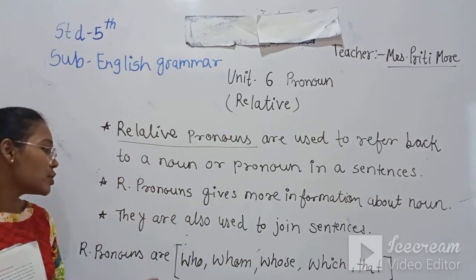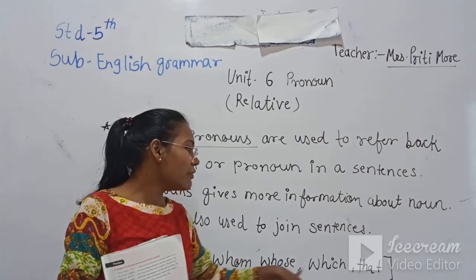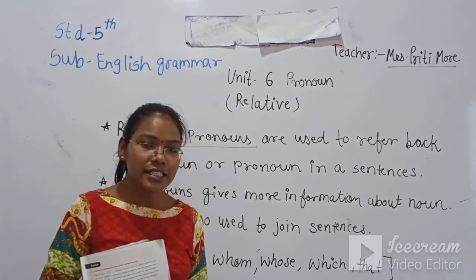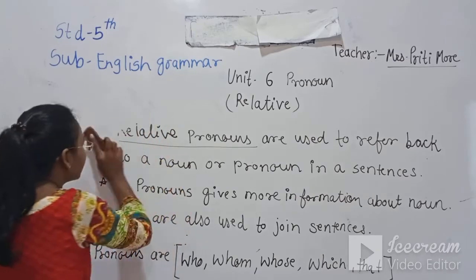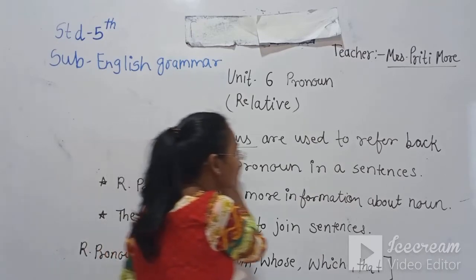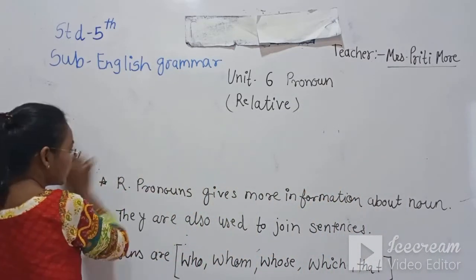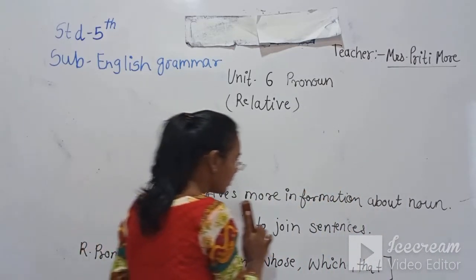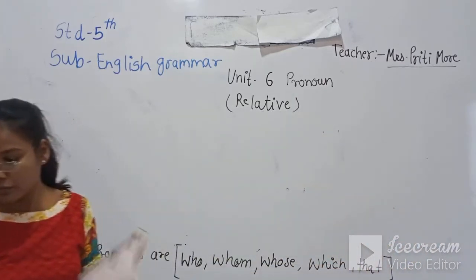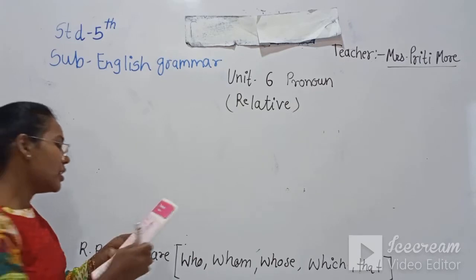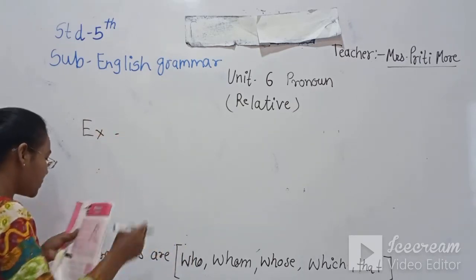But where to use who, when to use whose and when to use which and that, this also we'll see later. I hope you have written. Now let's see the examples of relative pronoun.